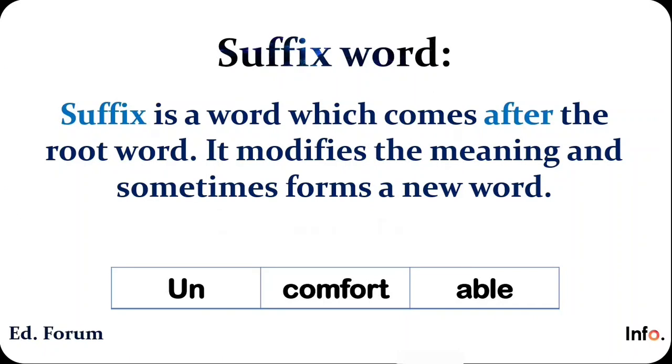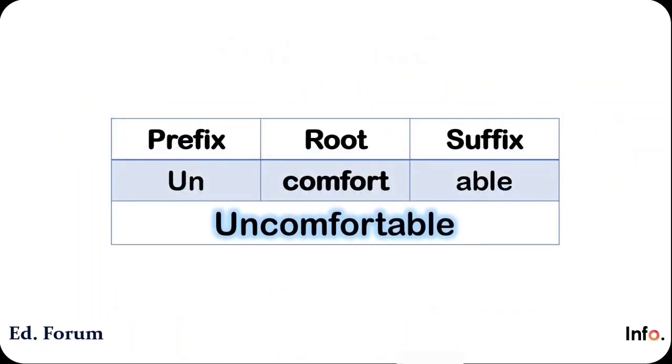So now you can see the complete word. The prefix is un, the root is comfort, the suffix is able: uncomfortable. It's a complete word now, right? And we have made this word with the help of both prefix and suffix. And in the middle, you can see the root word, right?